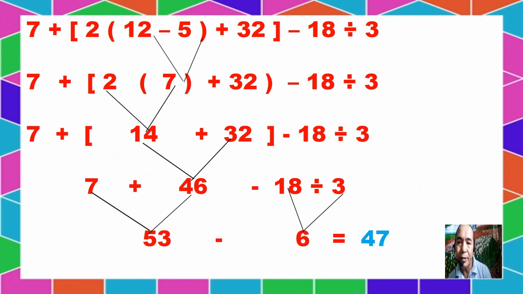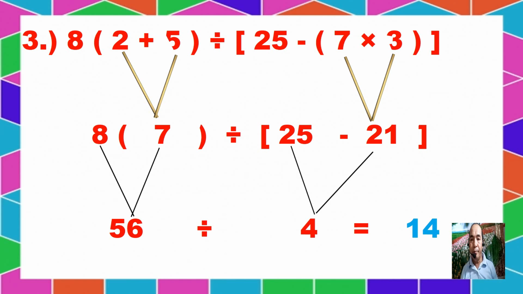The remaining operation is 53 minus 6. Subtracting the numbers, the result is 47. So, that's how we perform the mathematical expression, finding its value by applying or observing the rule of GEMDAS.